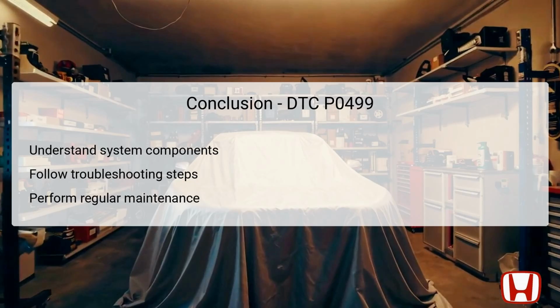Following the outlined troubleshooting steps can effectively diagnose and remedy the issue, ensuring that the vehicle maintains its efficiency and compliance with emission standards. Furthermore, performing regular maintenance on the EVAP system and monitoring its functionalities can help prevent future occurrences of this diagnostic issue. By staying proactive in vehicle care, Honda Accord owners can enjoy a smoother driving experience and maintain adherence to environmental regulations.